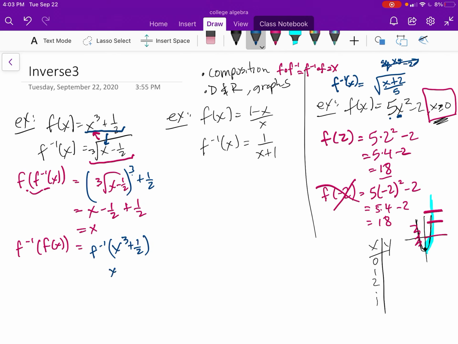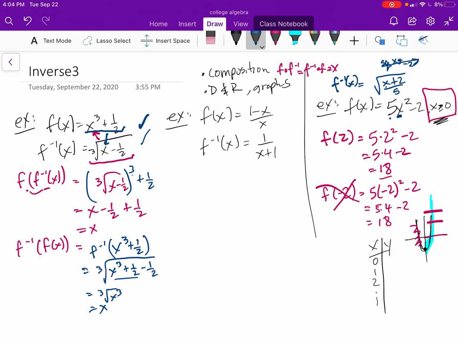So it says x cubed plus 1/2 minus 1/2. Since it's just x minus 1/2, I didn't need parentheses. And it's all cube rooted. Well, 1/2 minus 1/2 is 0, so we have cube root of x cubed, which again is x. Okay, so we were correct in the last video, they are inverses of each other.